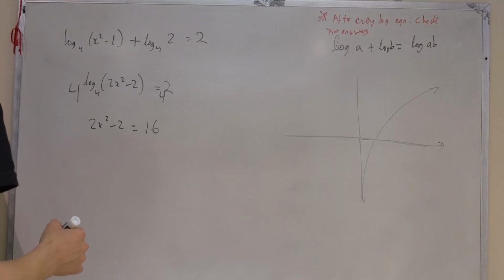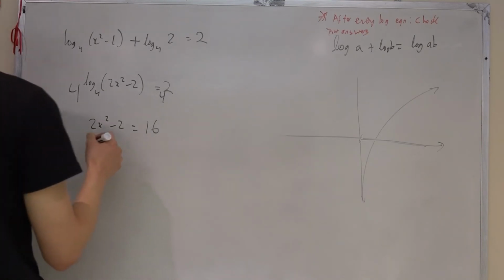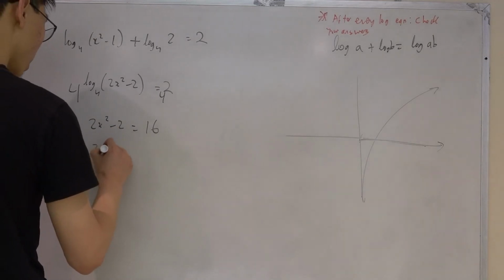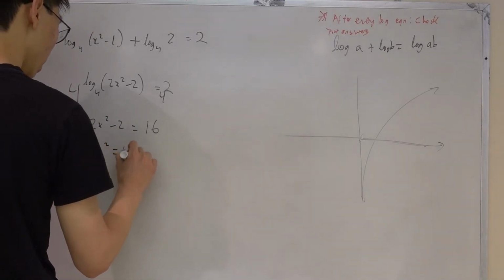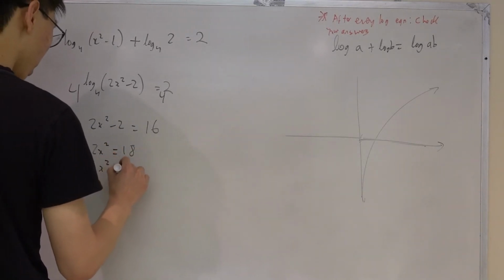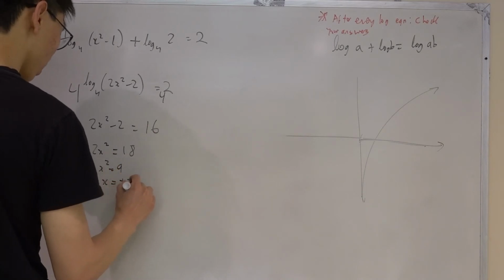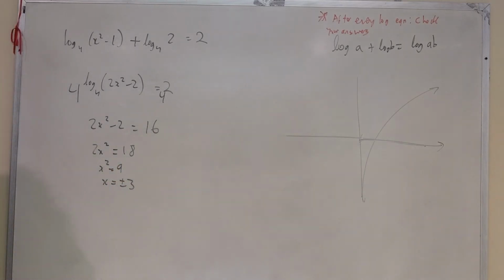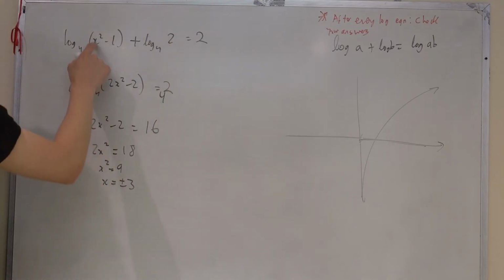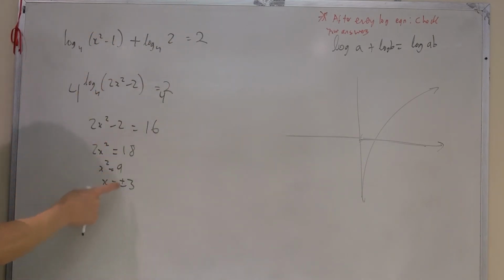To finish that off, all you need to do is write down 2x squared equals 18, which means x squared equals 9, and therefore x equals plus or minus 3. Then, again, double check your answers. If you put in a 3 here, you're fine. If you put in negative 3 here, you're fine. So actually both of these are answers.